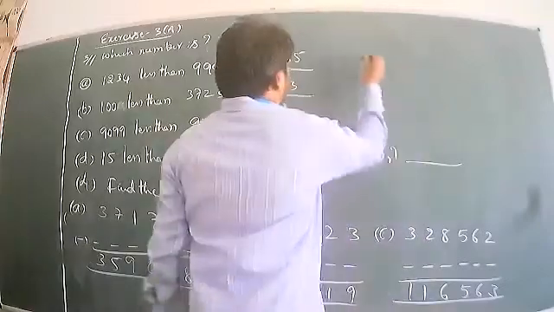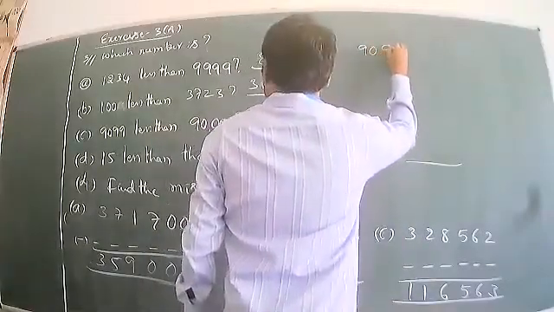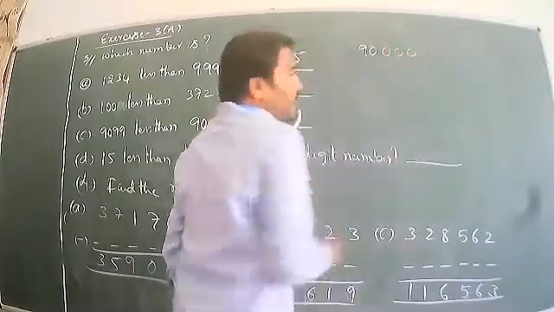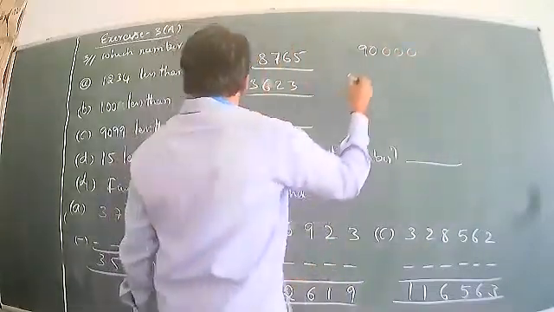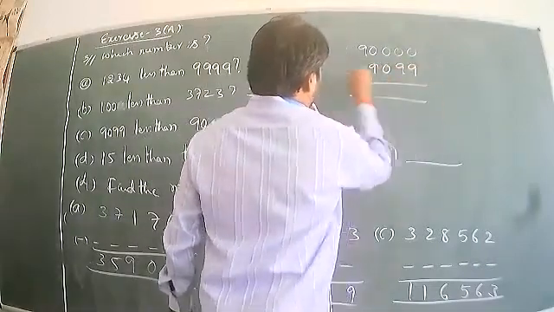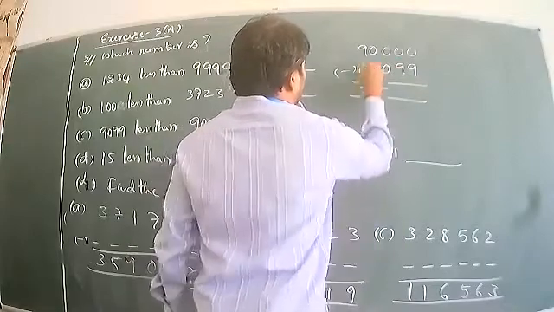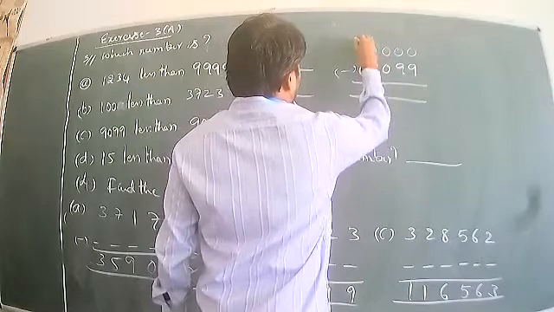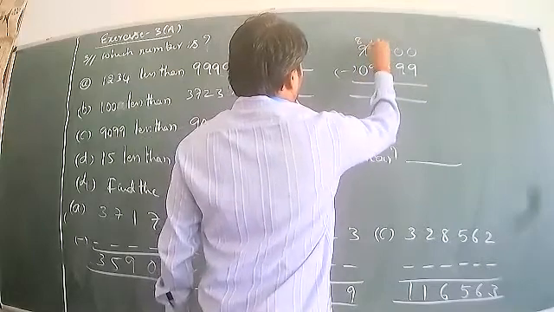Now same, so here 9,099 less than 90,000, same, subtract it. 90,000 subtract 9,099. Now the 10,000 place is not there, so we write 0.